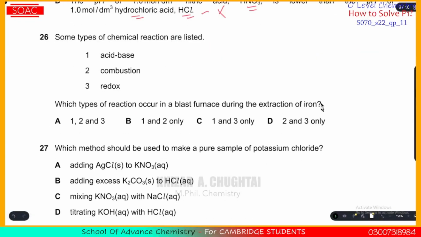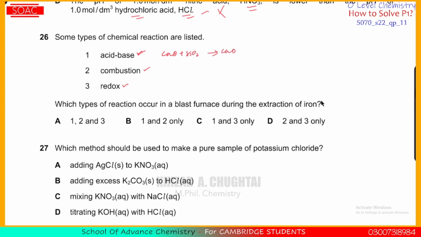Question number 26. Some types of chemical reactions are listed: acid-base, combustion, redox. Which types of reaction occur in the blast furnace during the extraction of iron? Yes, there is an acid-base reaction when calcium oxide reacts with silicon dioxide to make calcium silicate.